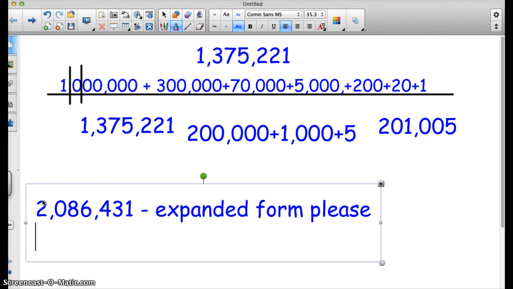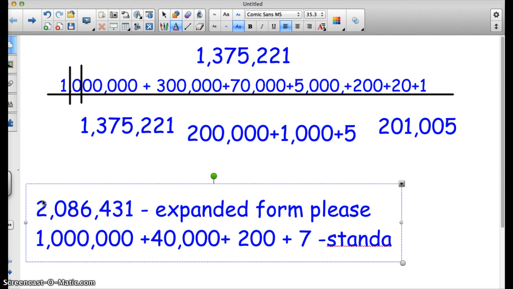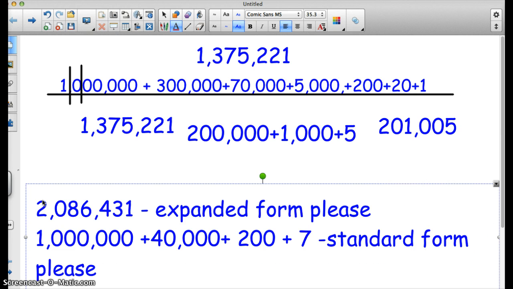And can you make this number 1 million plus 40,000 plus 200 plus 7. Can you make that standard form, please?